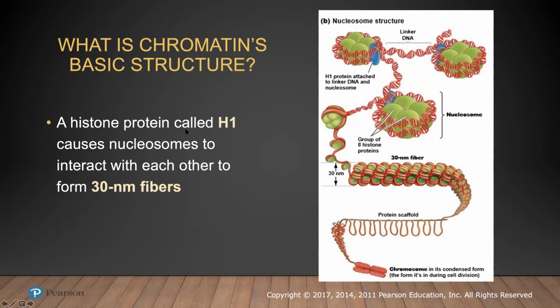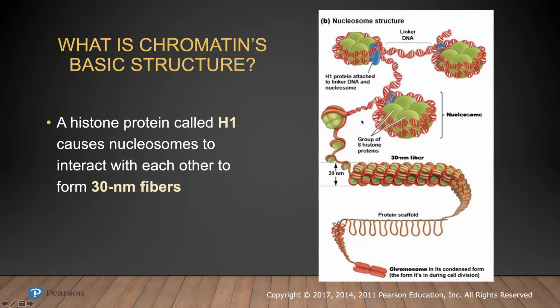We're going to see that there's an additional histone protein or specific histone protein called H1. And this is represented by these blue structures located here. And the function of this H1 protein is it's basically attaching like the linker DNA to the nucleosomes.